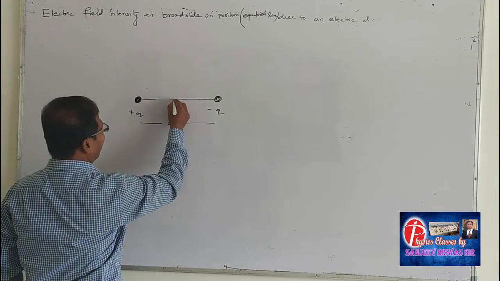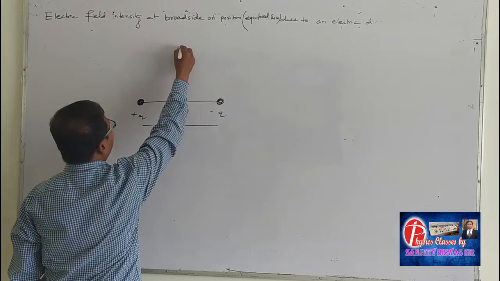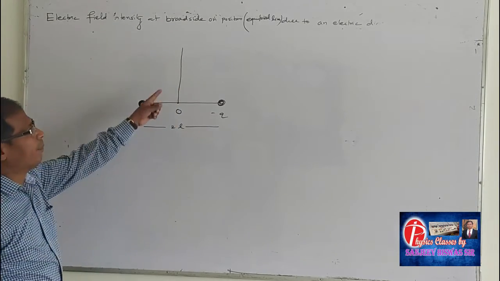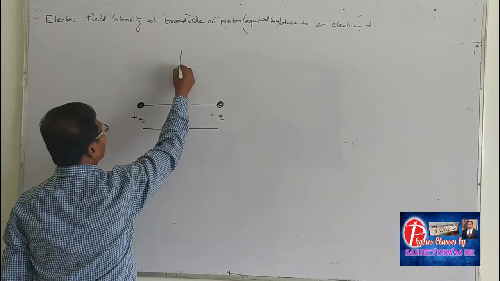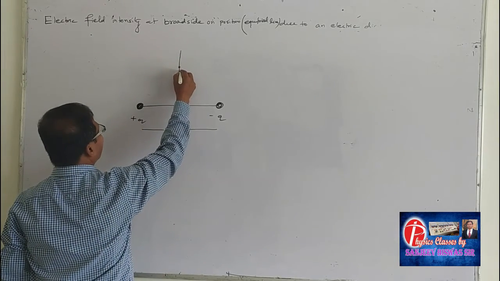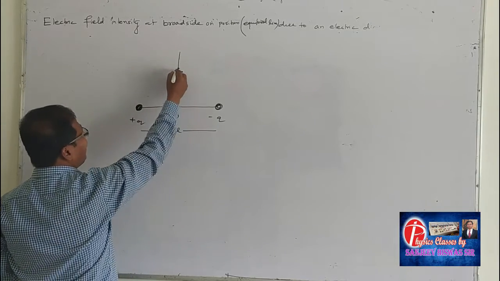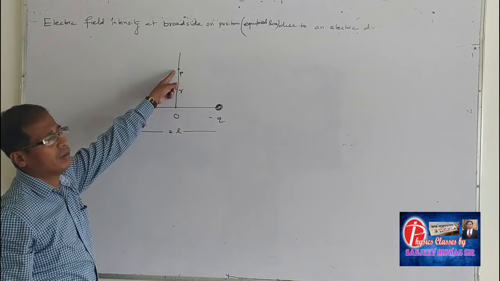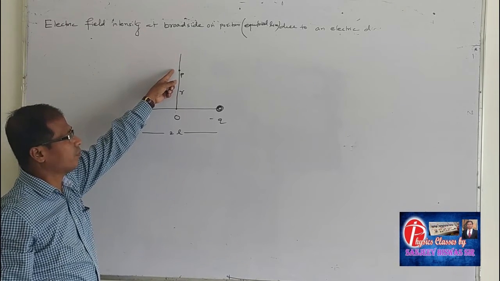Here its midpoint is suppose O, and this line is called the perpendicular bisector. On this line, suppose a point is P at a distance r from the center of the dipole. Here you have to find the electric field intensity.